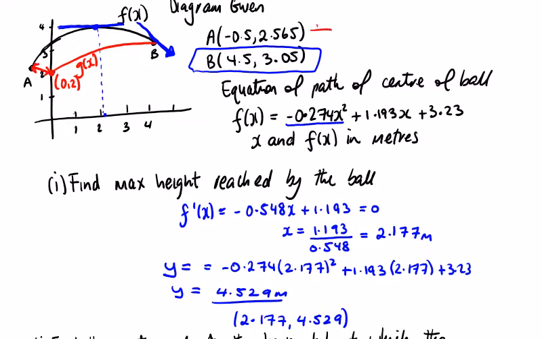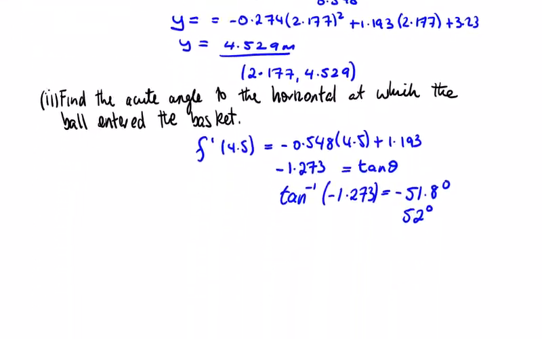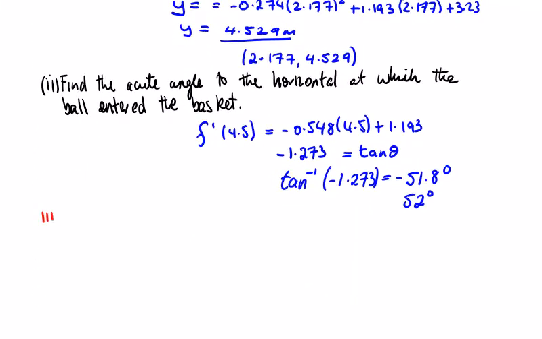A is minus 0.5, 2.565. C is 0, 2, we're told. So we're looking at what's happening between my x values and my y values.